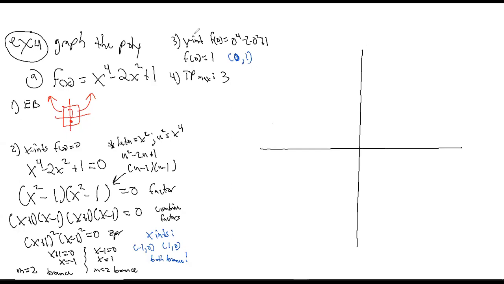And in a slightly different color, I'm going to represent the end behavior. Let me do that in green. Yeah, green. The end behavior. It said both ends go up. Actually, since it's red, I'll do red.